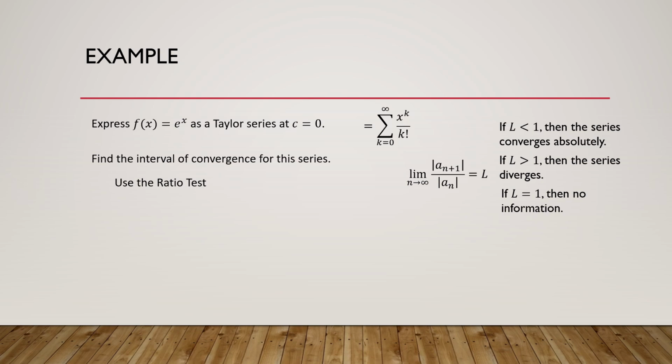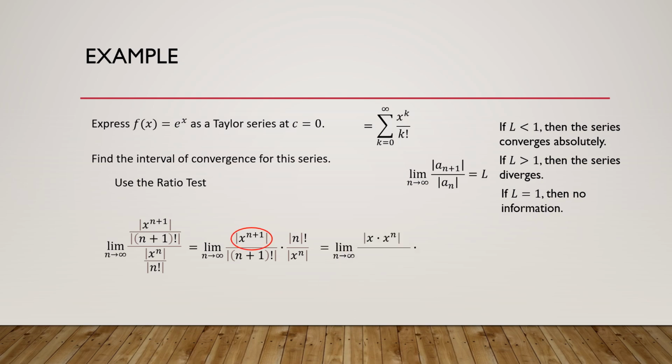In this case, we take the limit, as n goes to infinity, of the absolute value of x to the n plus 1 over n plus 1 factorial, all over x to the n over n factorial. First, we simplify the compound fraction. Then x to the n plus 1 equals x times x to the n, and n plus 1 factorial is equal to n plus 1 times n factorial.